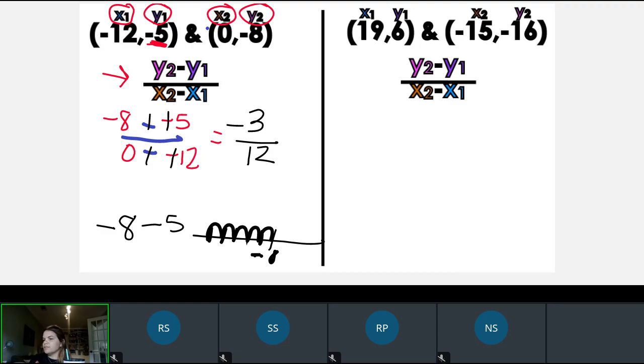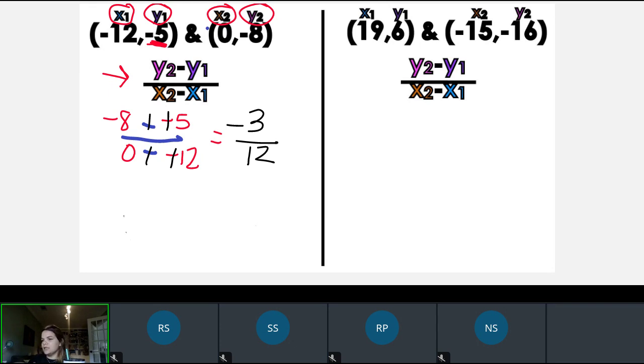That double negative becomes a positive. So I have to move to the right. So it's really adding. That's the only reason this concept is tricky, because of those double negatives. So that's why I want you to write out your division sign and the two subtraction signs first, and then go back and plug it in.